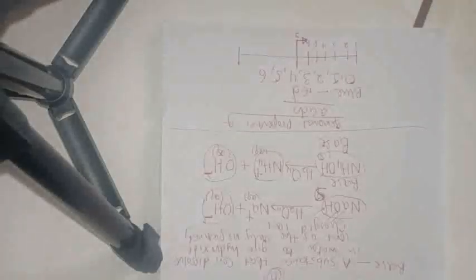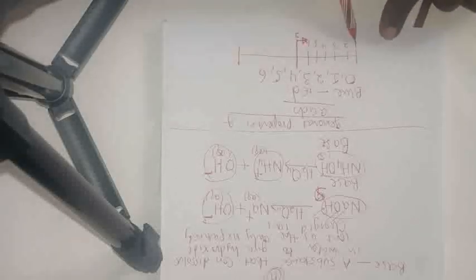So if substances have a pH of either 1, 2, 3, 4, 5, or 6, or 6.9, but less than 7, it will qualify to be called an acid.